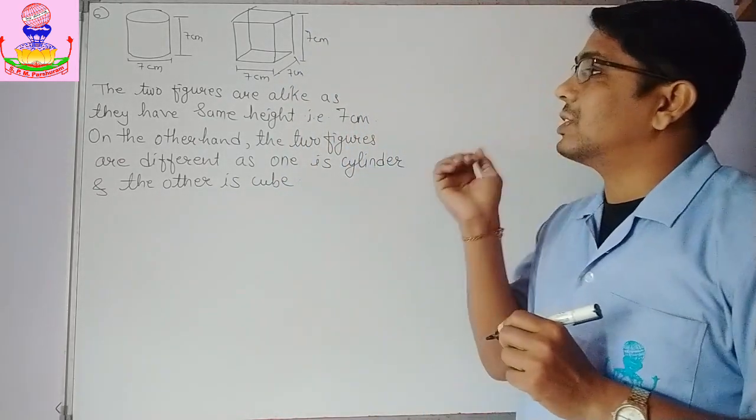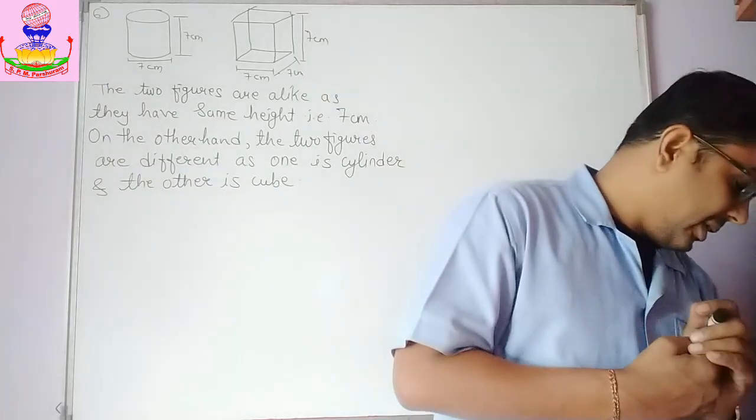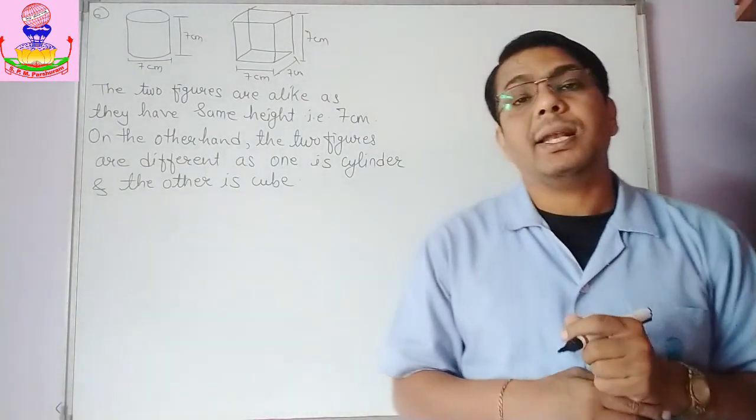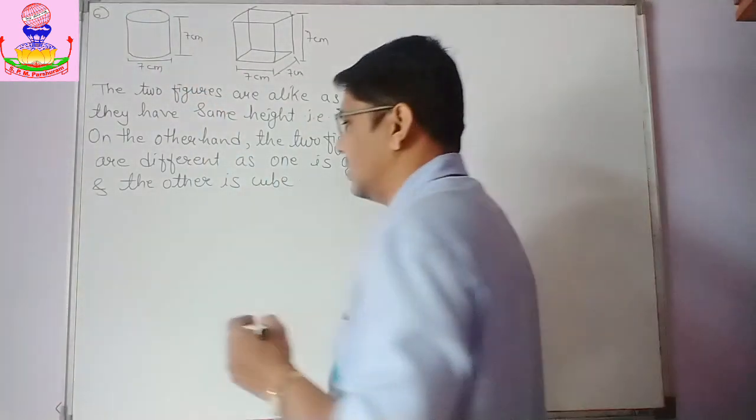Okay. Now this is our answer to the first question. Now second question, what they ask, which box has larger lateral surface area? So lateral surface area of cylinder.